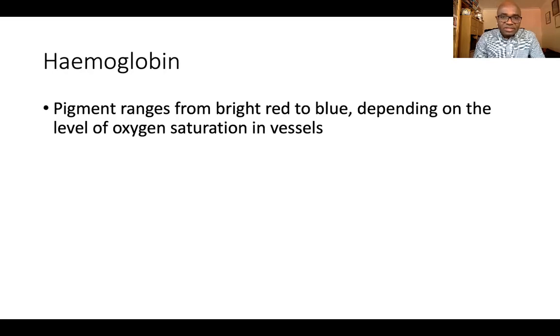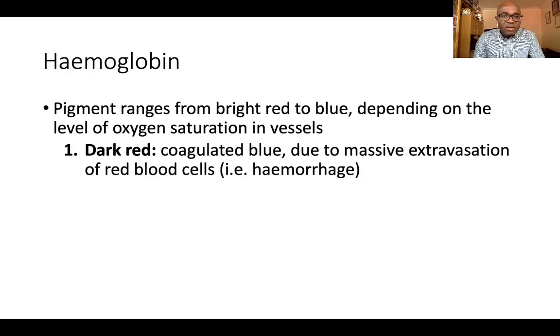So hemoglobin, on the other hand, is red, but you know that it moves from bright red to blue depending on the level of oxygenation and saturation of vessels. It looks dark red when you have a lot of extravasation, especially in hemorrhage.